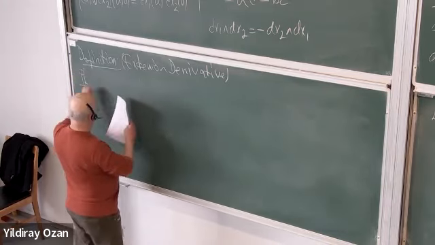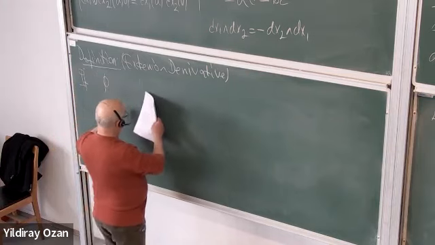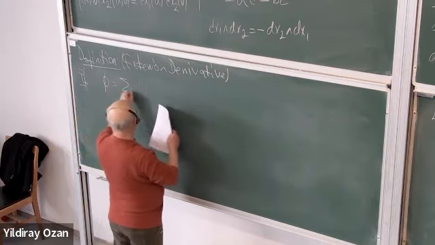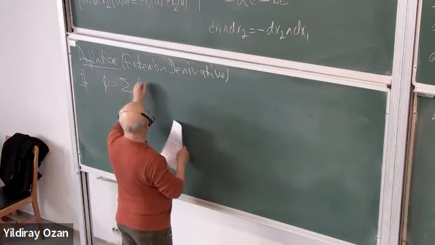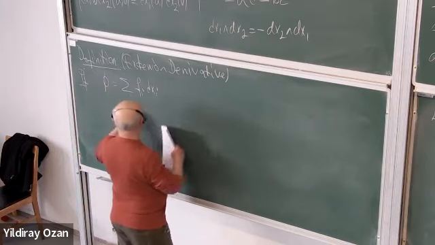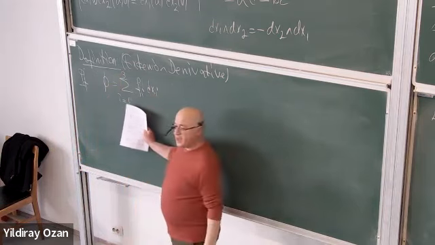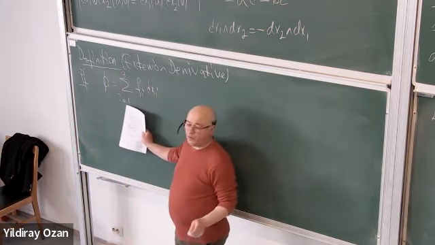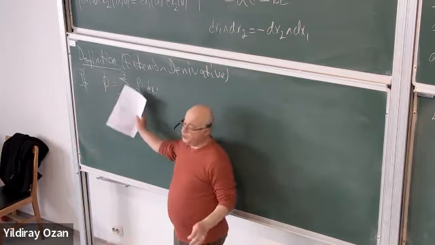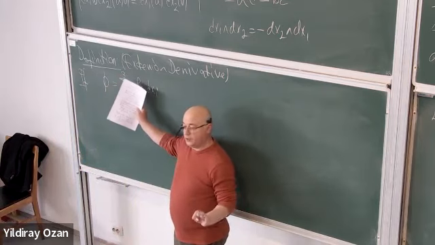So this definition, if phi, let's say, is a one form like this, as I said earlier, you don't have to go from 1 to 2 or 1 to 3. You may go from 1 to n.